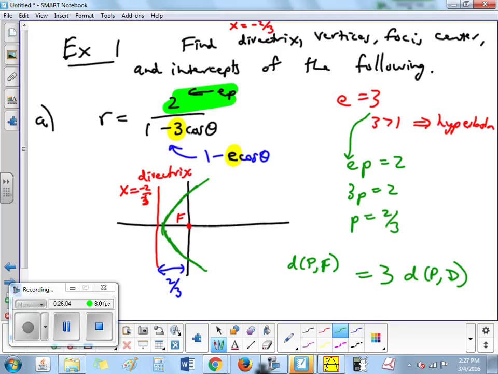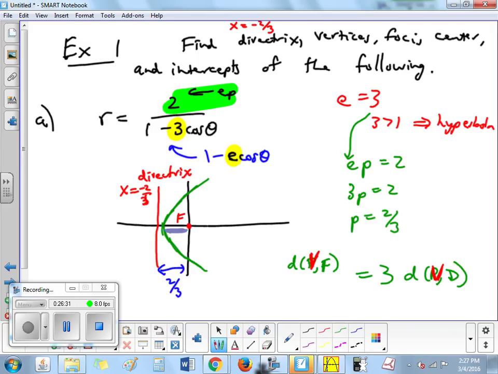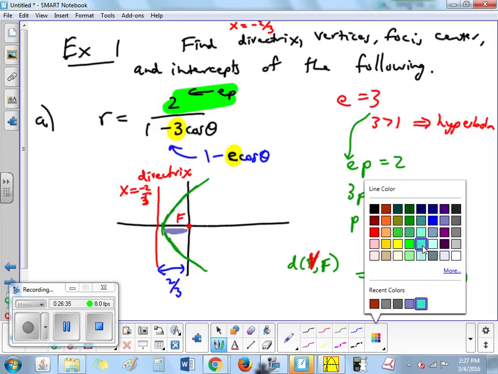And isn't it true that the vertex is one of our points P? So can I just change the P to a V real quick? He's one of the points on the curve. Listen, this is very important. It's very subtle, not easy to catch. You see these two segments here, this one and this one?